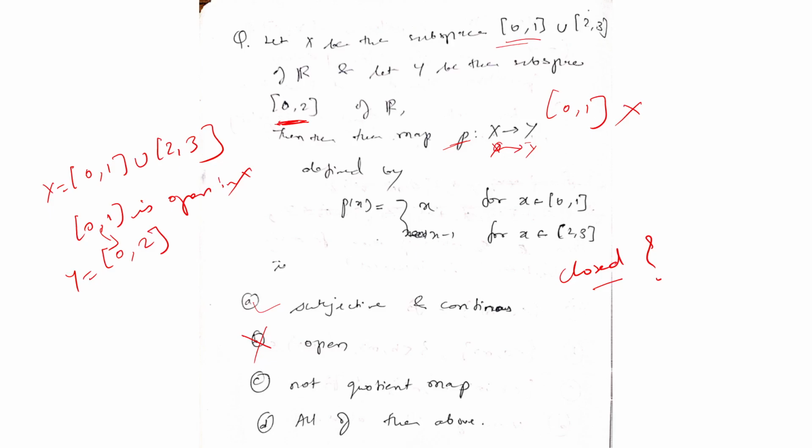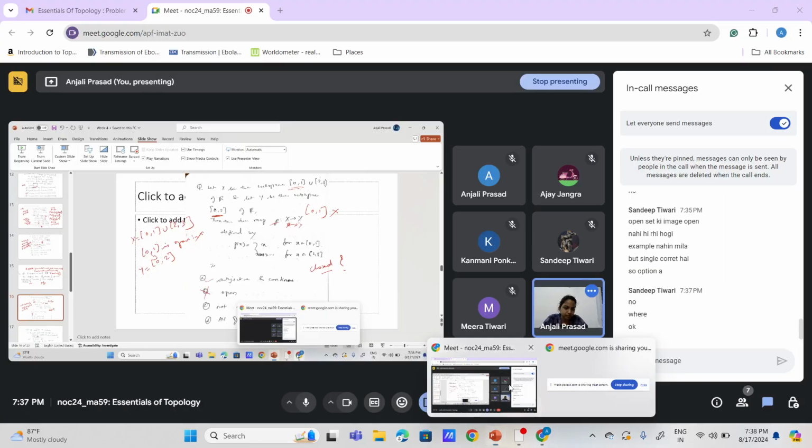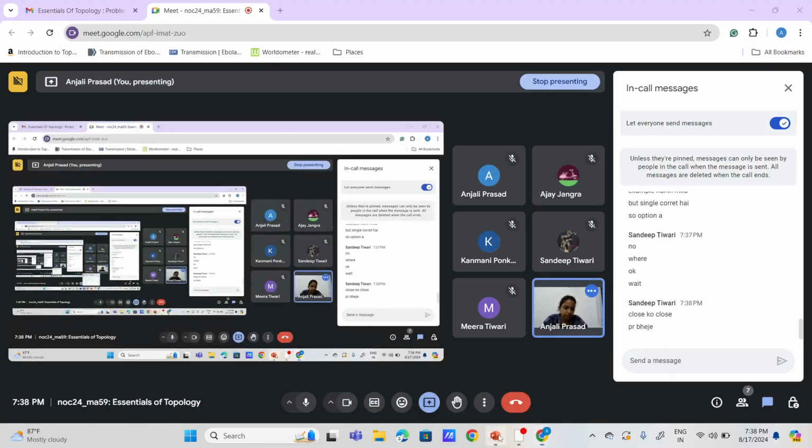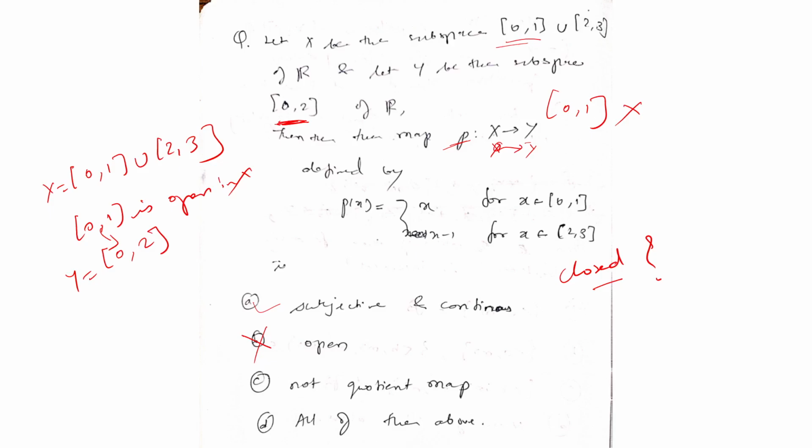So is it satisfying here? Yes. So it is satisfying here, right? For every closed set. So this map P is closed.